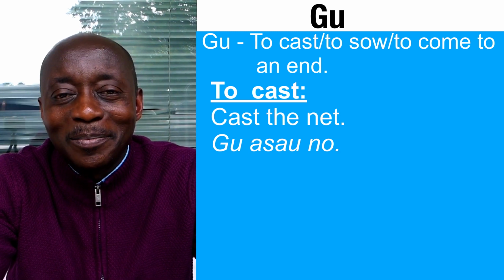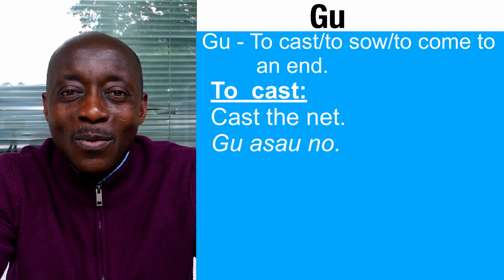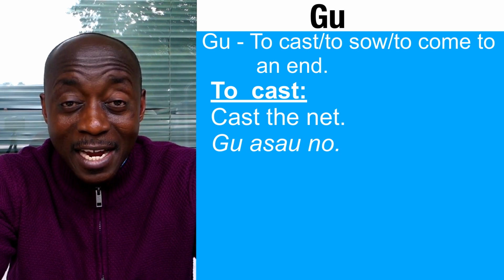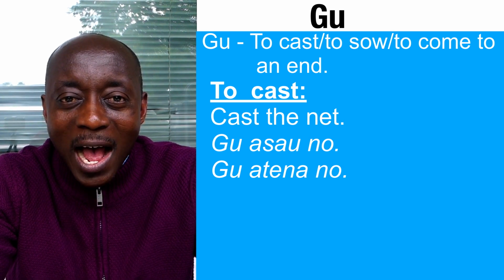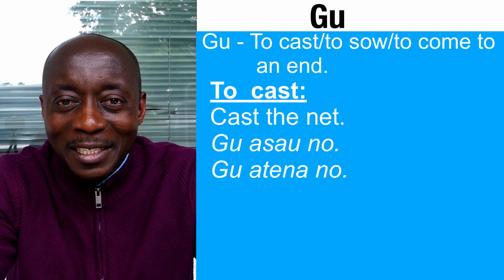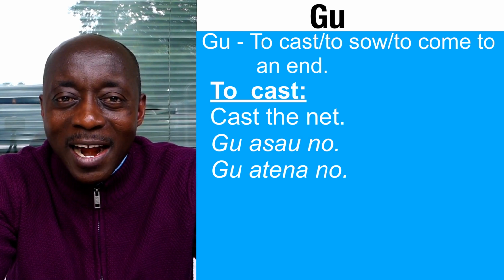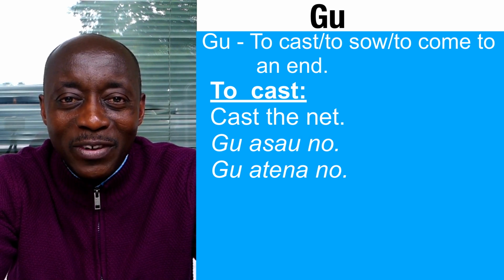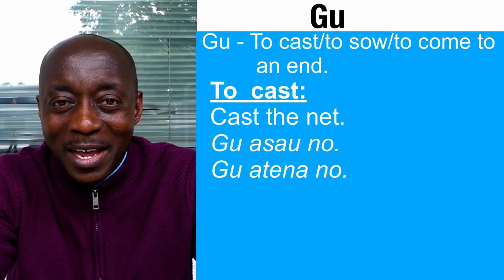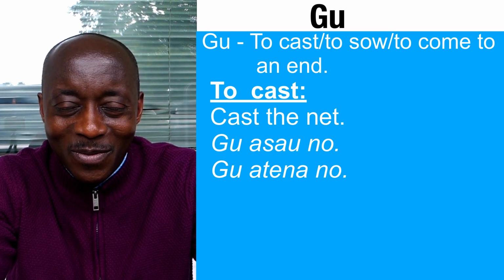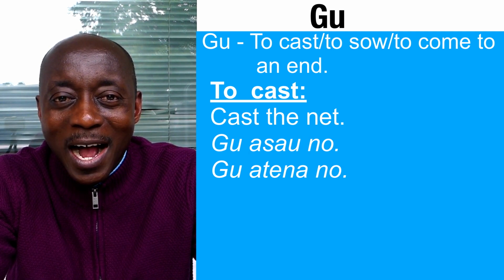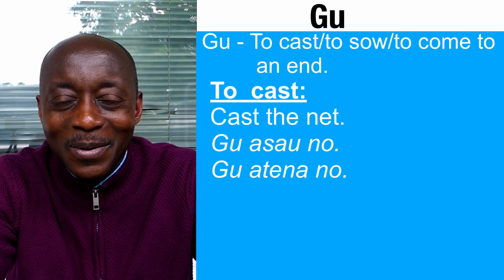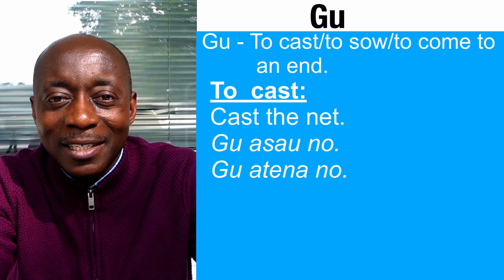Cast the net. However, because the Twi word for net is atna, sometimes you hear people saying gu atnano. However, as far as the net that is used to harvest fish is concerned, the proper Twi word is asau. So the proper statement should be gu asauno. So in this instance, we see gu to mean to cast.